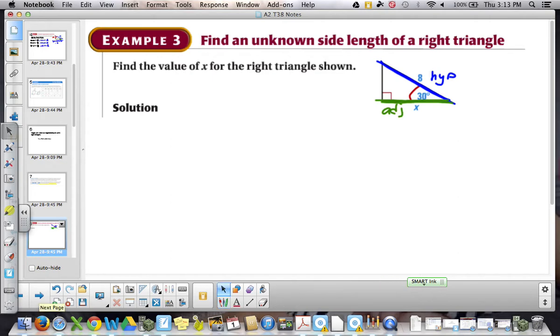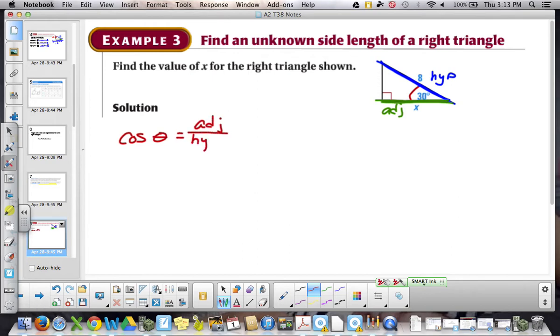Now the two trig ratios that use adjacent and hypotenuse would be the cosine. The cosine of theta is defined as the adjacent over the hypotenuse. And its reciprocal would be the secant, which is the hypotenuse over the adjacent.